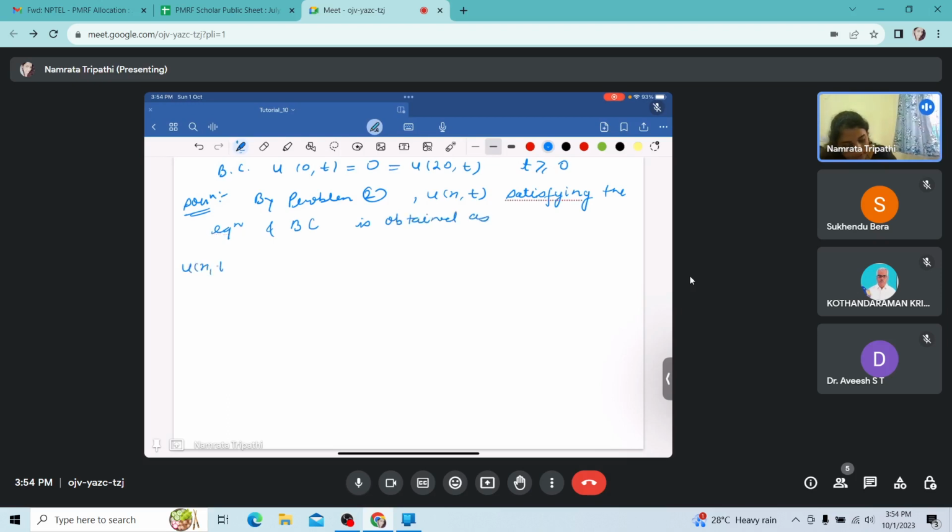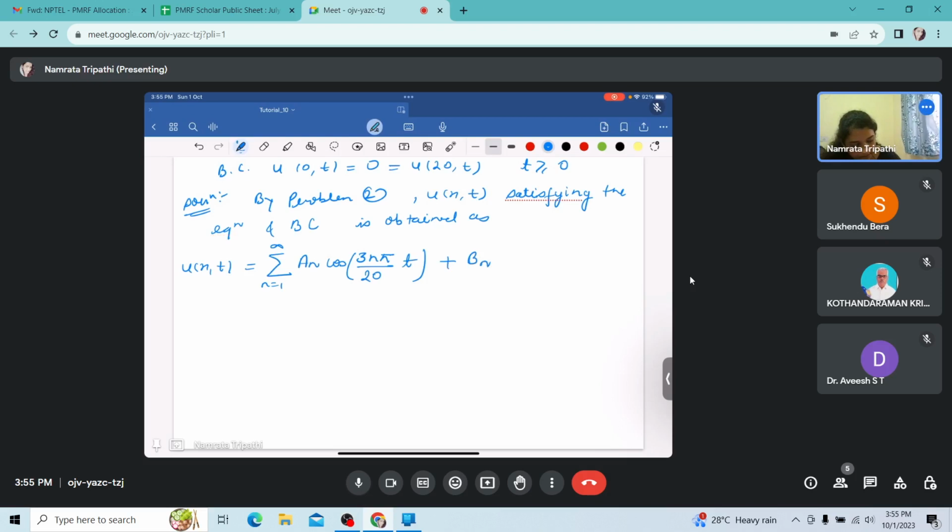u of x comma t is given as summation an cos of c n pi upon L. So at the place of c we have 3 and at the place of L we have 20. Fine.